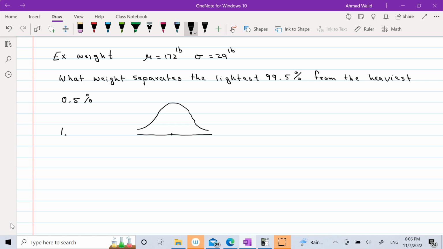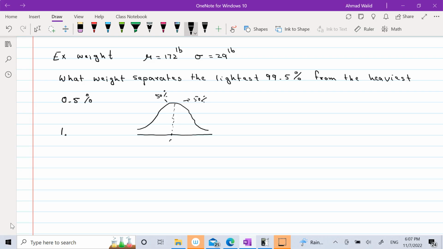This is my 0, but actually, remember in previous lectures I told you, if you draw a line here, this side will be 50%, and this side becomes also 50%. This middle line divides your graph to 50%.